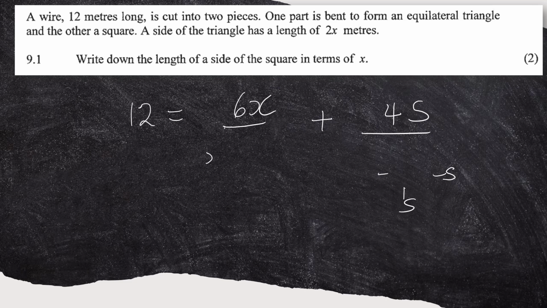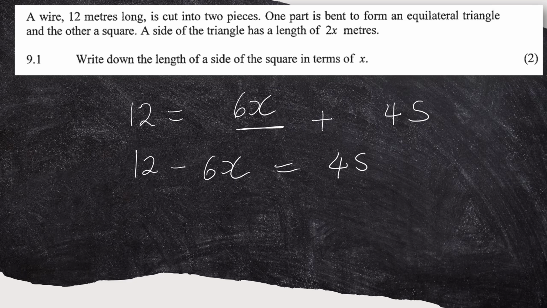So now we have it like this, so we can go and solve for s. In terms of x, this will be 12, I transpose 6, it will be 12 minus 6x is equal to 4s. Then to find s, the side of the square in terms of x, I'm going to divide by 4, because I want to eliminate the 4 there.